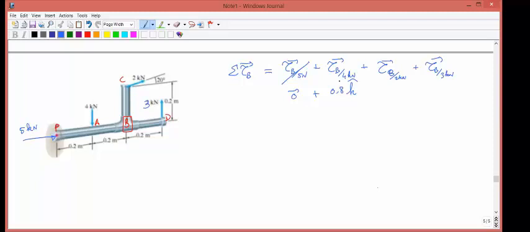Next one. Can you give me the torque about B of the 2 kilonewton force? John, Kenny, Louisa. You're on the spot, so to speak.